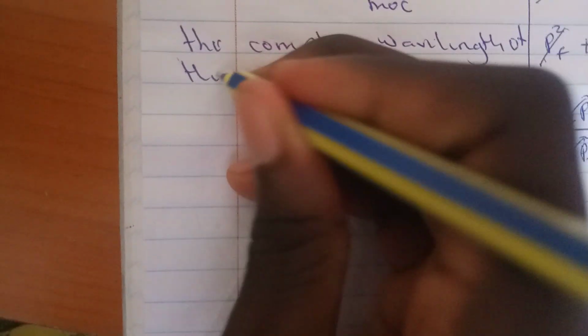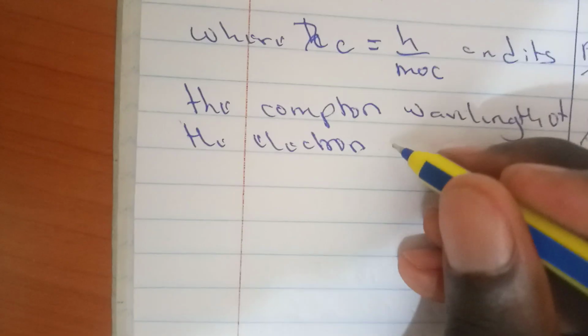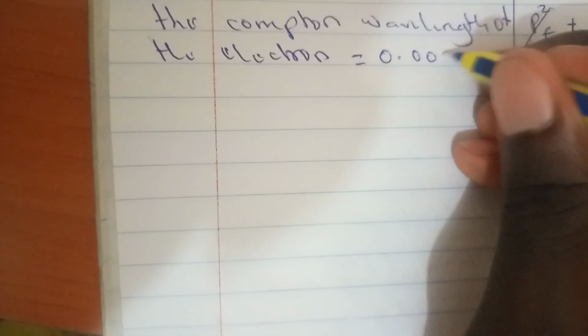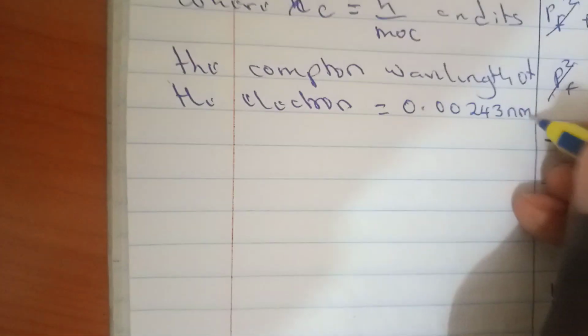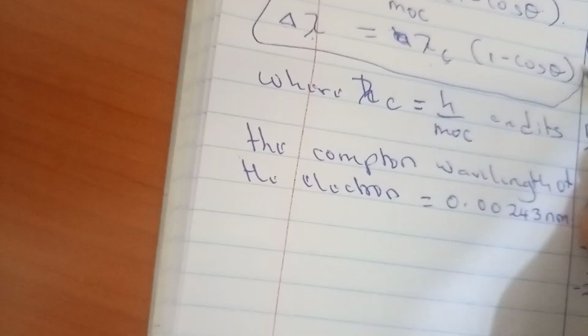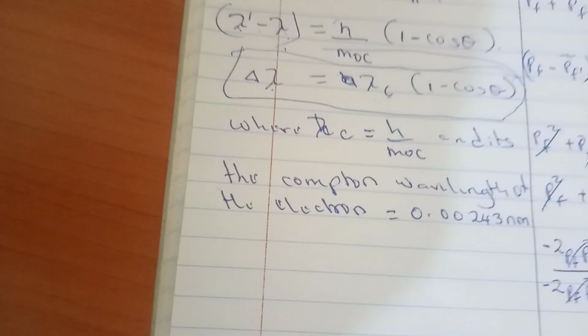It is always given like 0.00243 nanometers. So far so good. So if you're told to derive the Compton shift equation, this one is the equation.